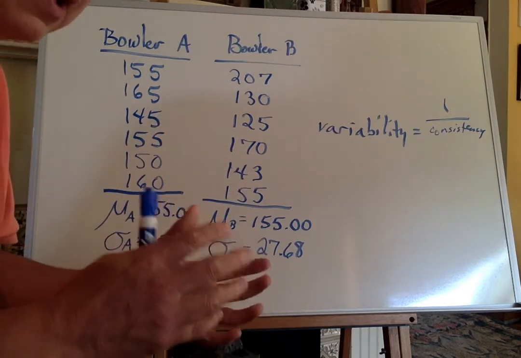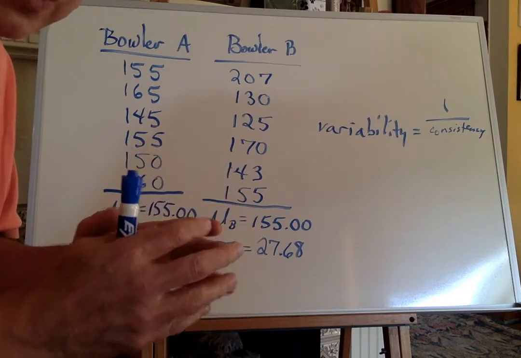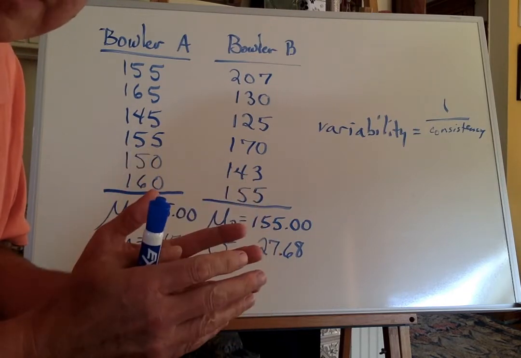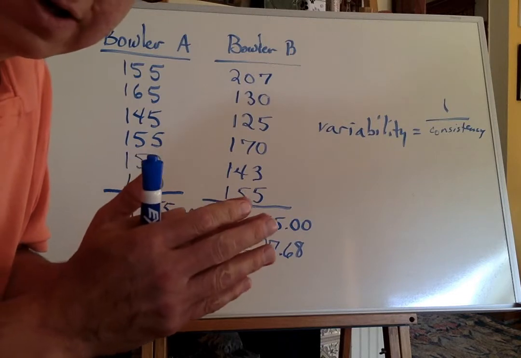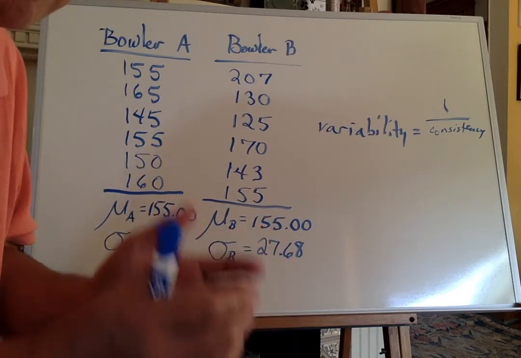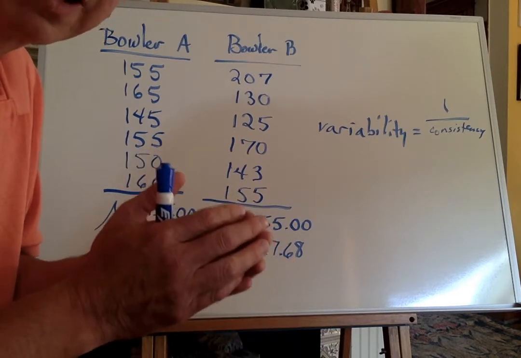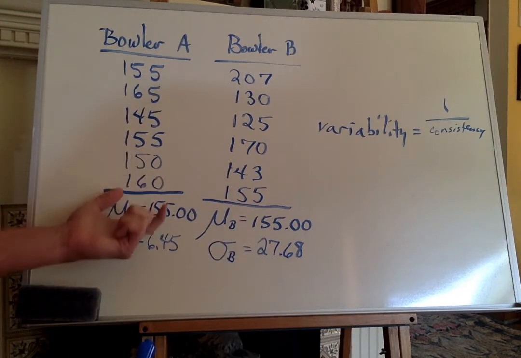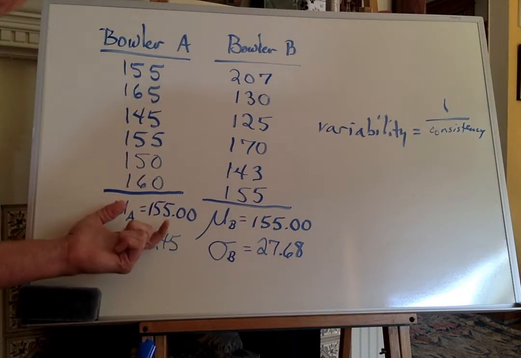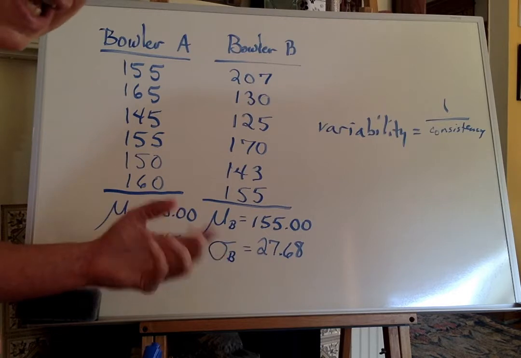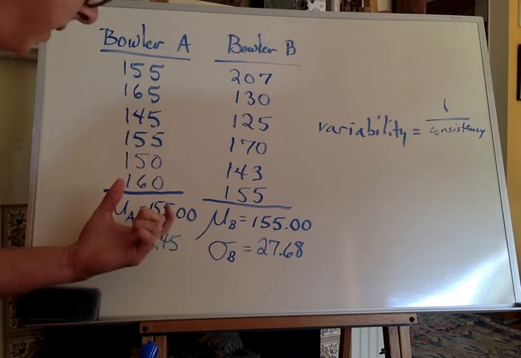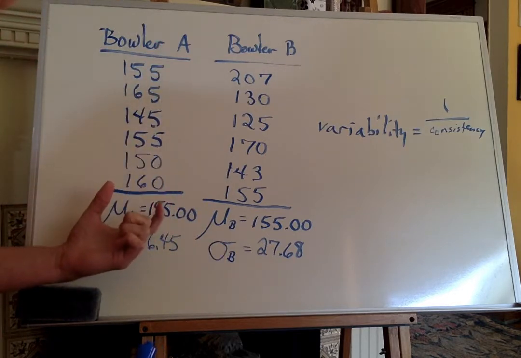And in fact, that's also a concept related to consistency and variability. This is also a very important concept, and that is predictability. Okay? I'm much more able to predict, or I should say I have more confidence in predicting what bowler A is going to do.